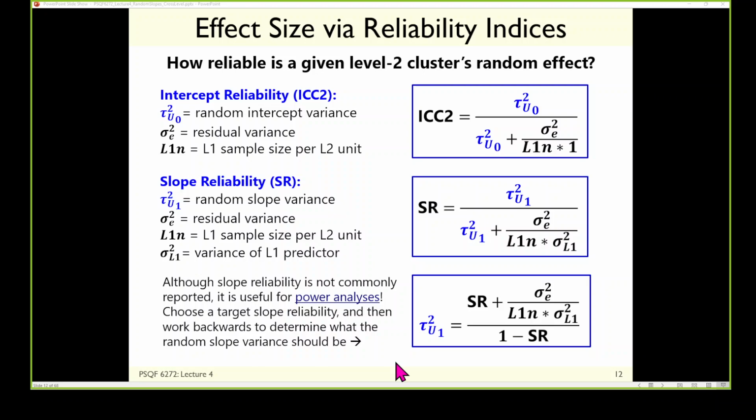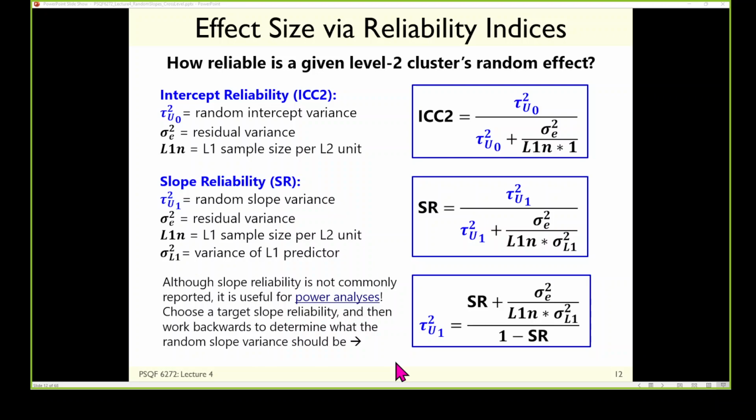But this is what I use this for in practice. You can get pretty far with made-up numbers, but you can't get random slopes very easily that way. So like, let's just make up a number, right? Okay, my outcome is going to have a total variance of 1. I can make a reasonable guess as to what the interclass correlation is based on whatever context I'm working in. Let's say it's 50-50.